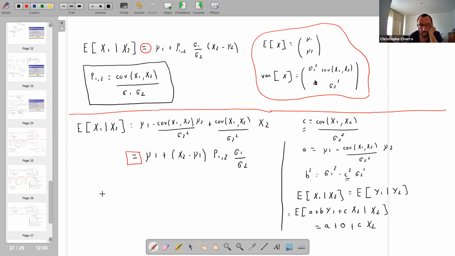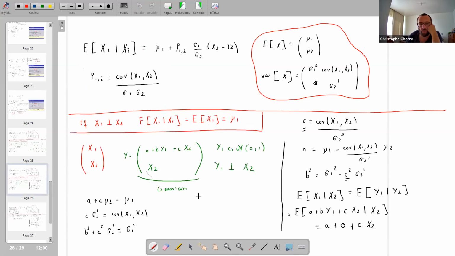And keep in mind that the key point of my reasoning was that I don't want to compute the conditional density of x1 given x2, because the computations are boring.